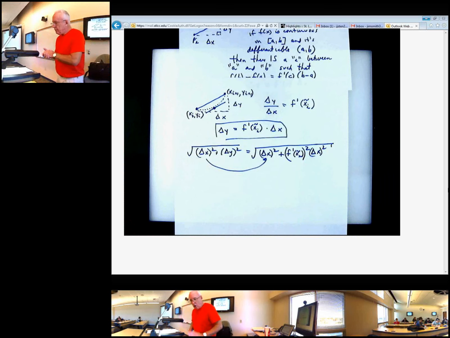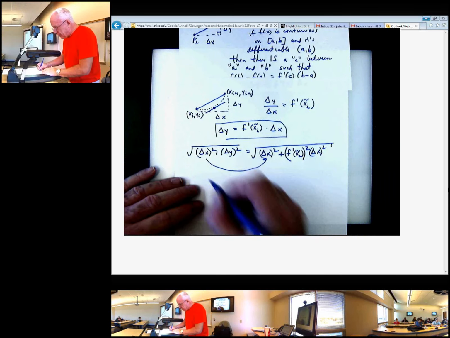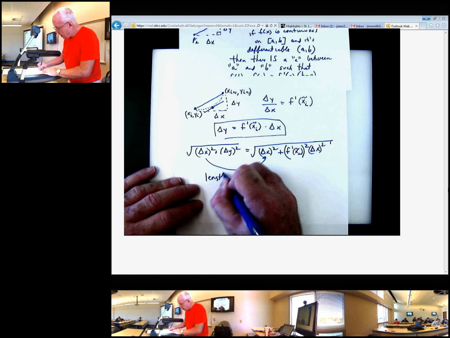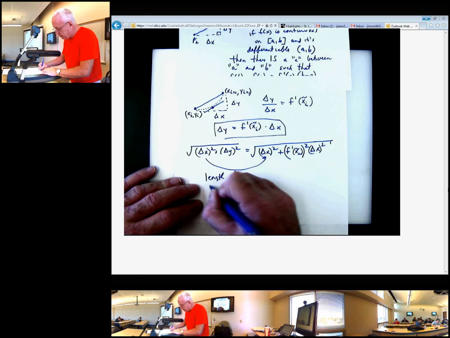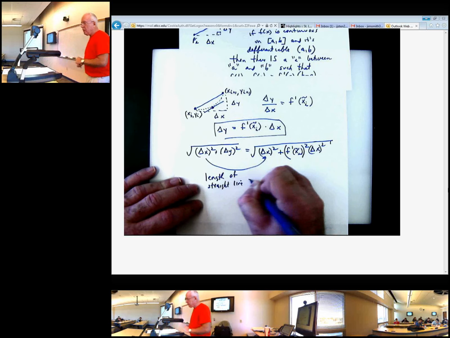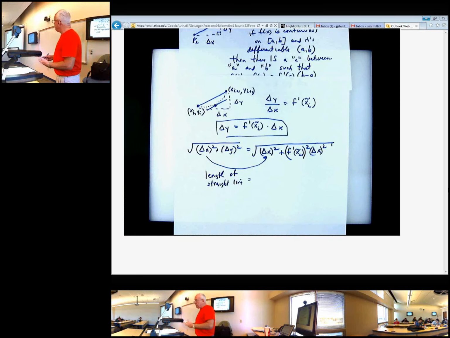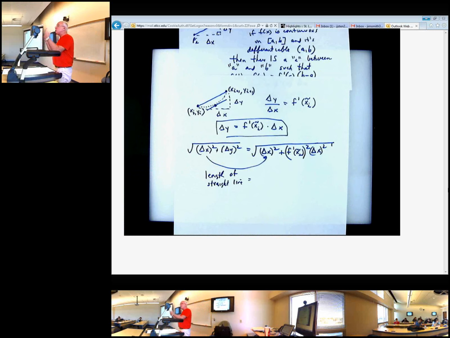All right. Now what I can do with this, so this is the length of the straight line. It equals that. Now, what I can do with this is divide underneath the radical both of the terms by delta x squared, but if I do that, I have to multiply on the outside of the radical by just delta x, all right?